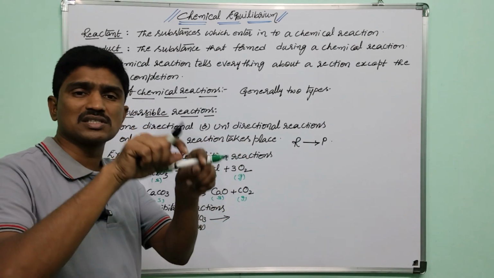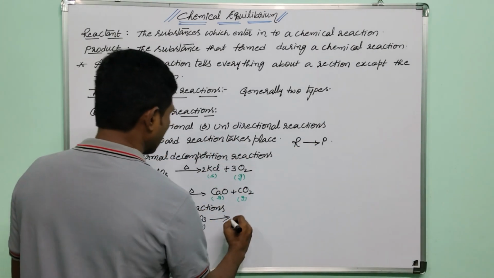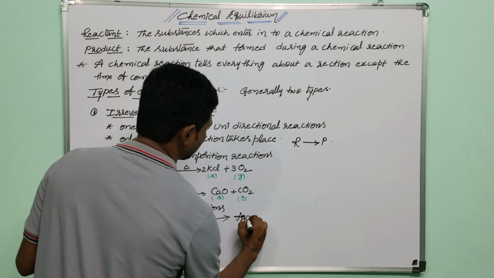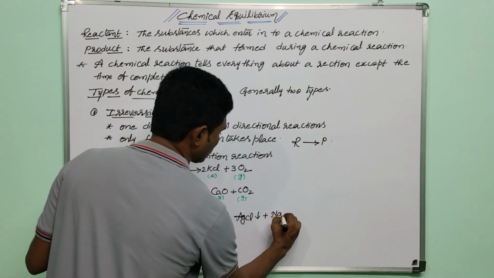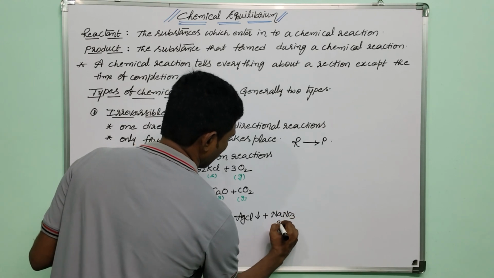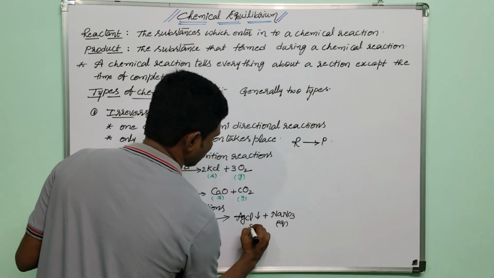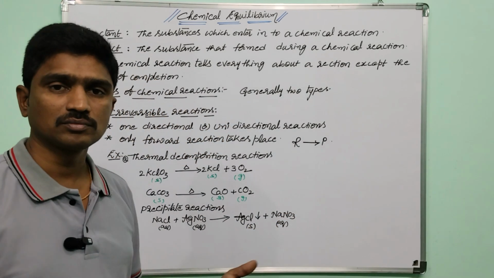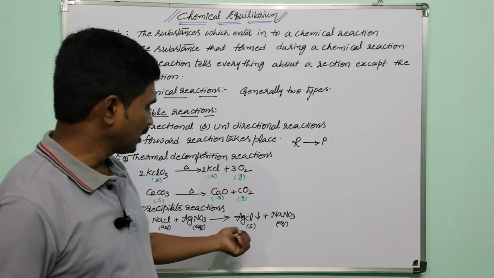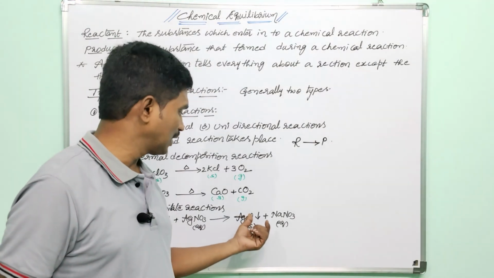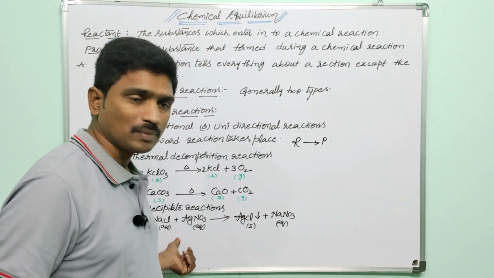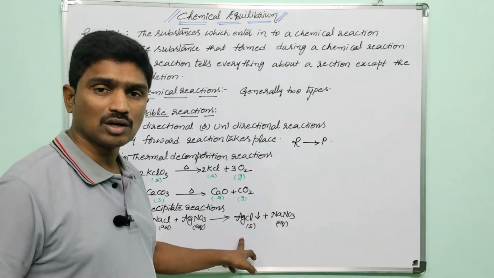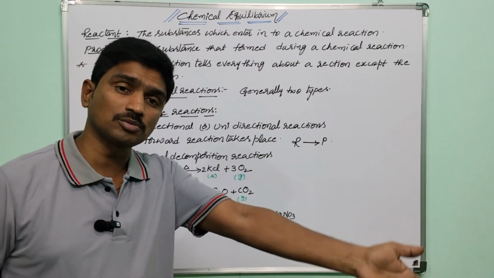When these two solutions are mixed, instantaneously we get silver chloride, a curdy white precipitate, and sodium nitrate, an aqueous solution. Here the formed AgCl precipitate never dissolves to give the reactants. Once silver chloride is formed, the reaction stops.